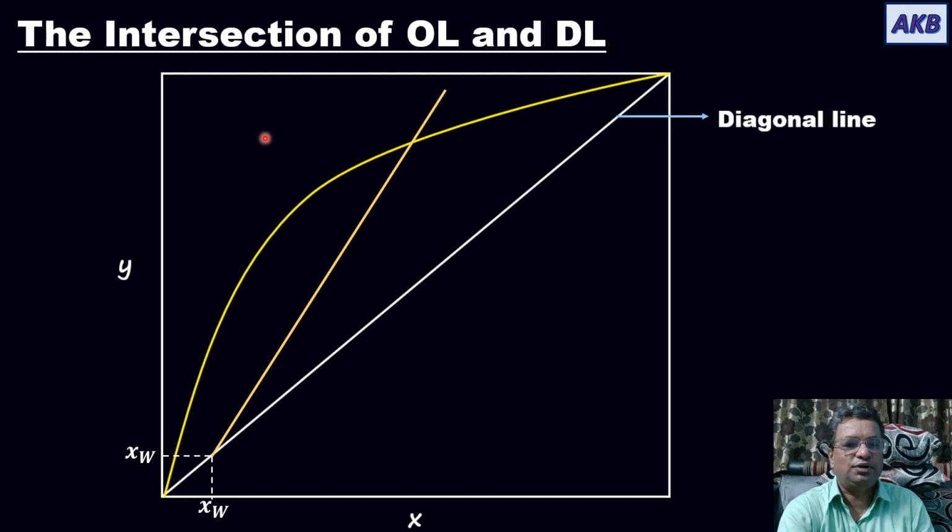Okay, so whenever you are doing analysis by using the McCabe Thiele method, the stripping section line will be intersecting the diagonal line at a point whose coordinates are xw, xw. Okay, so the y coordinate is xw and the x coordinate is also xw.